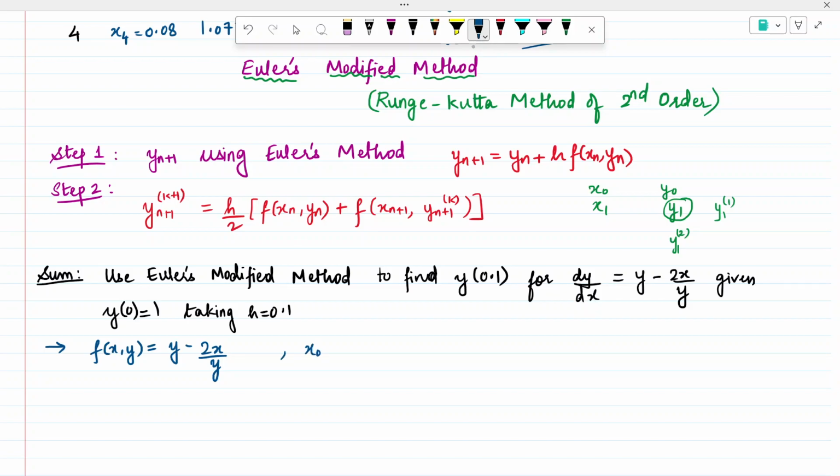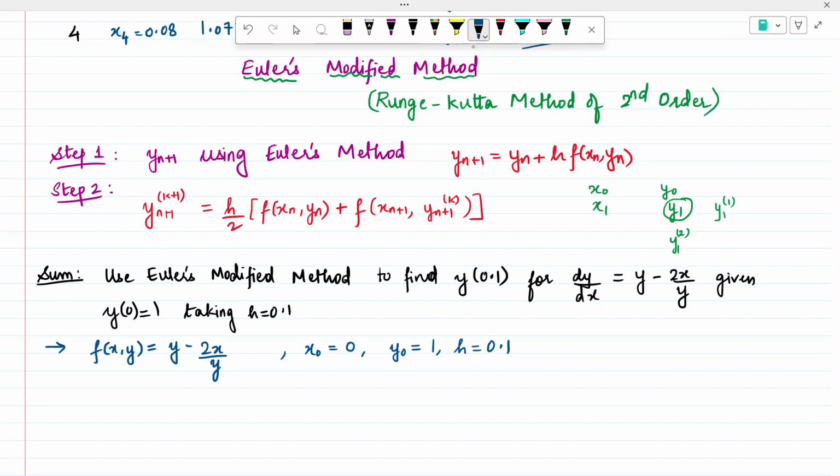What is your x0? Come on. What is the x0 value? It's 0. And what about y0? y0 is 1. And what is your h? Directly given है 0.1.